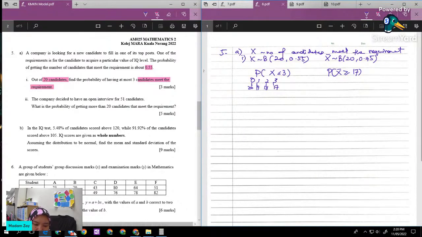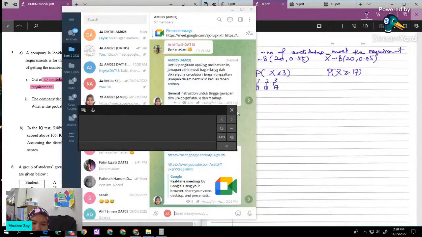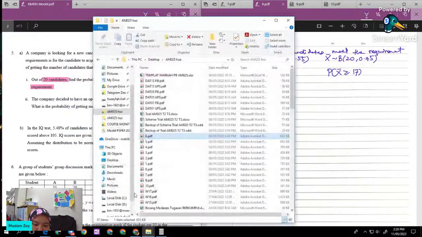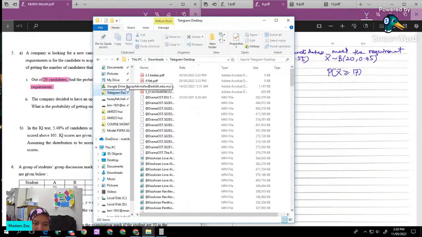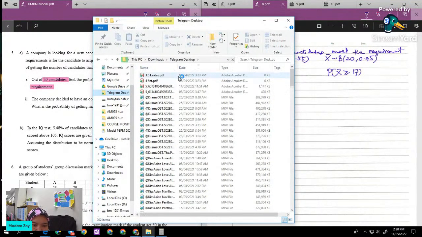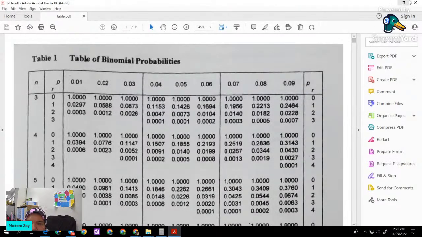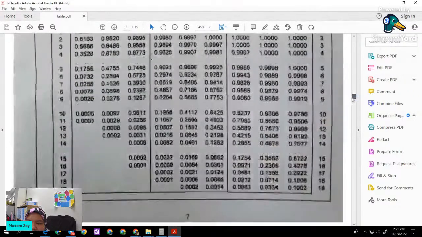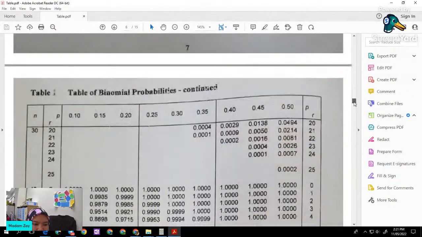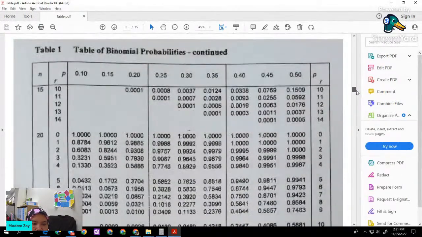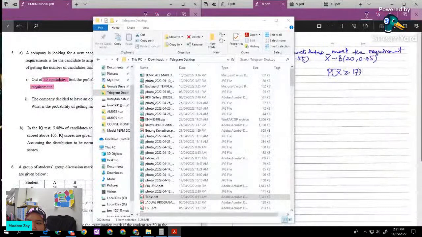Okay, kalau you nak guna table. So kalau kita tengok guna table, saya check table pun tak buka lagi medium awak ni. Table 20, 0.45. 20, 0.45 is here, and then probability for X bar more than or equal to 17 ada tak?